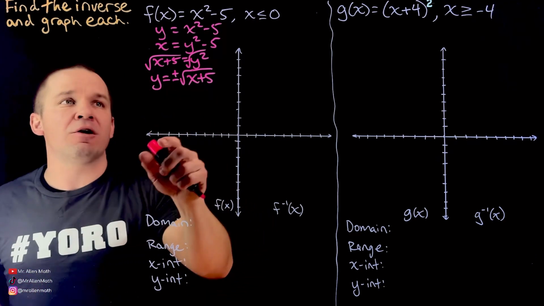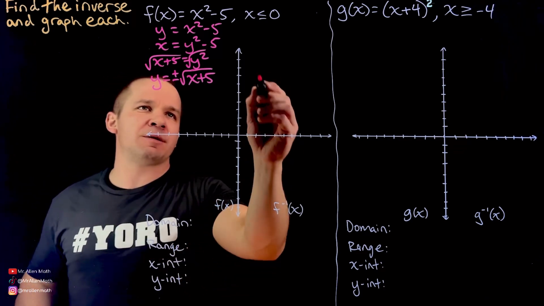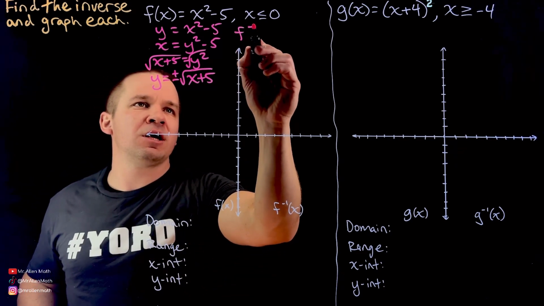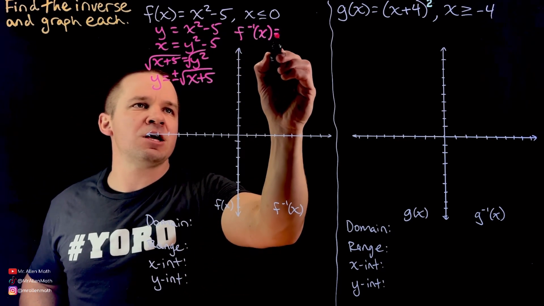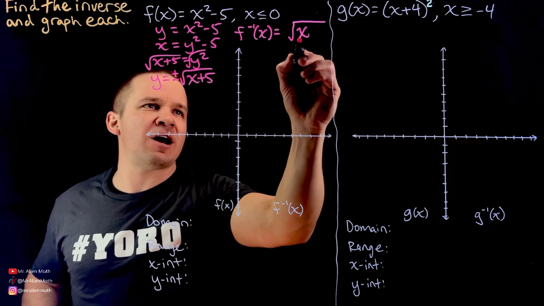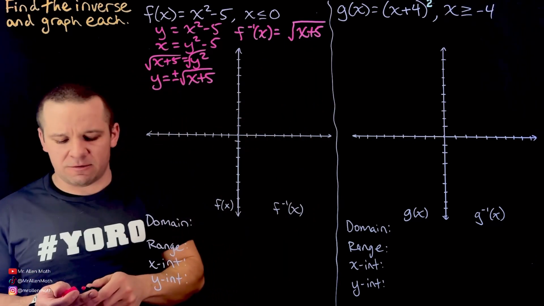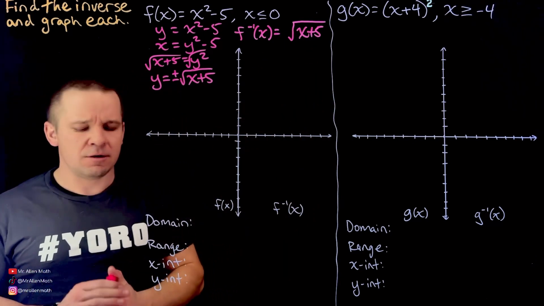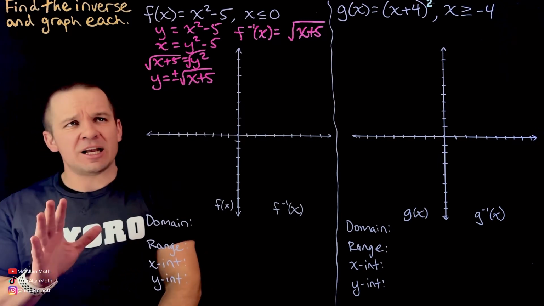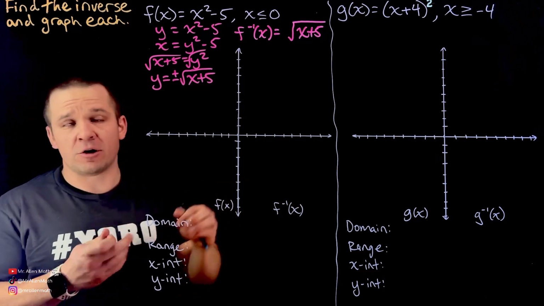Half of this equation will allow it to be a function. So I'm going to write down f inverse of x equals, leaving a little space, our square root of x plus 5 here. And we're going to decide in a moment if that's going to be a positive or a negative in front. All right? So let's first plot our quadratic function that we're starting with.